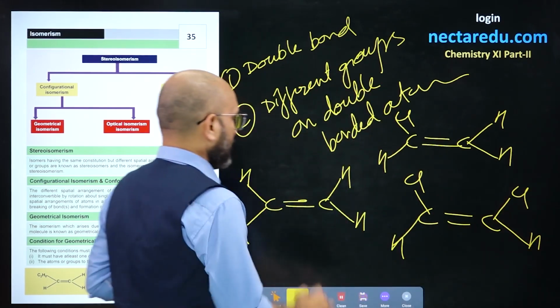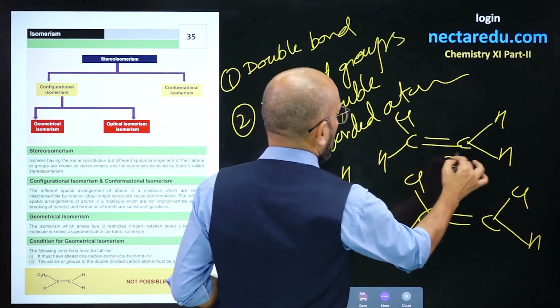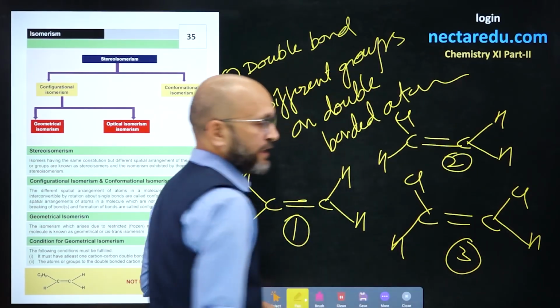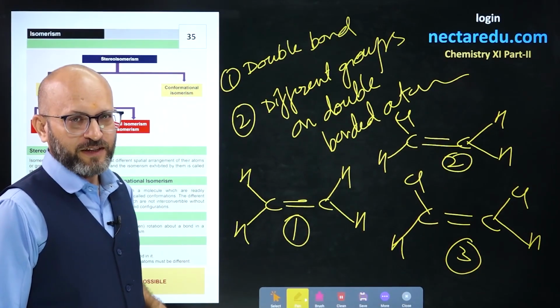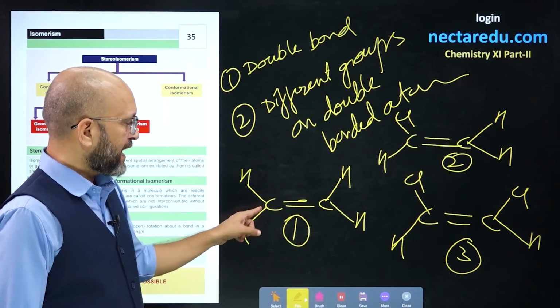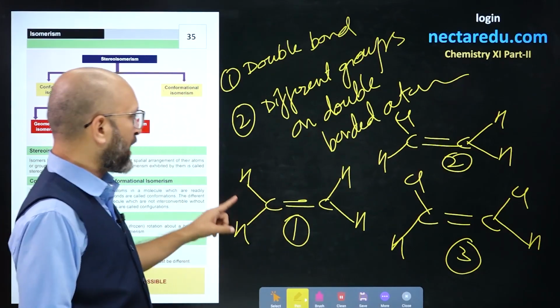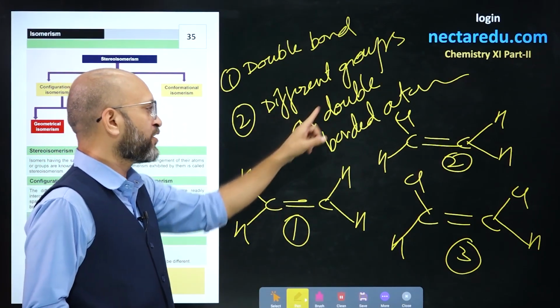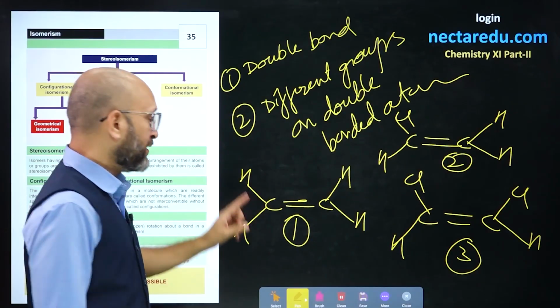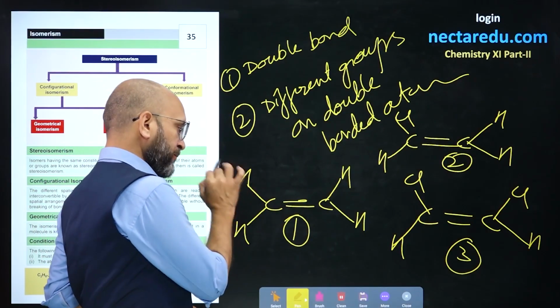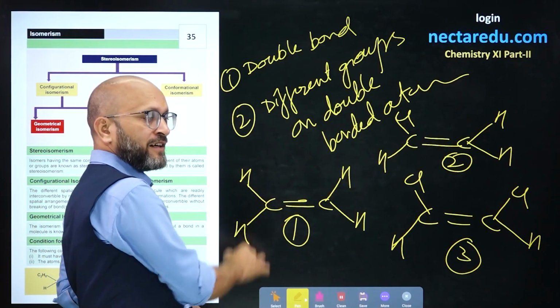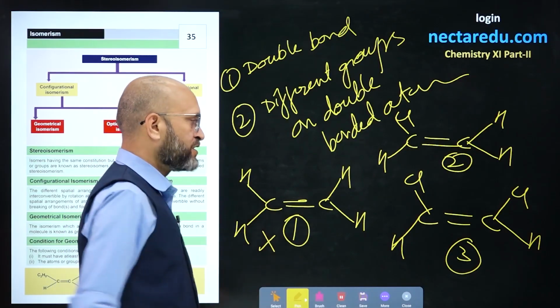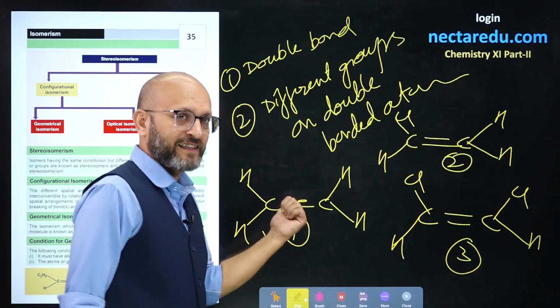Out of these three, 1, 2 and 3, which one will show geometrical isomerism? This has a double bond, yes, the first condition is met, but the second condition, different groups on the double bonded atom, is not met, because these two groups are same. So it will not show GI, or geometrical isomerism is not present in this compound.